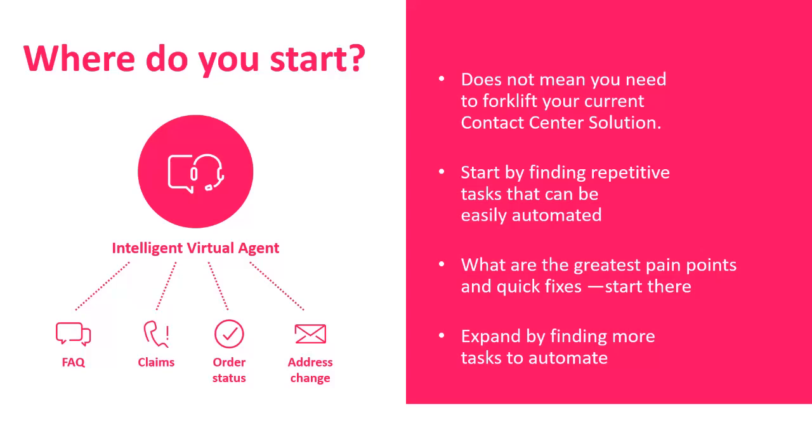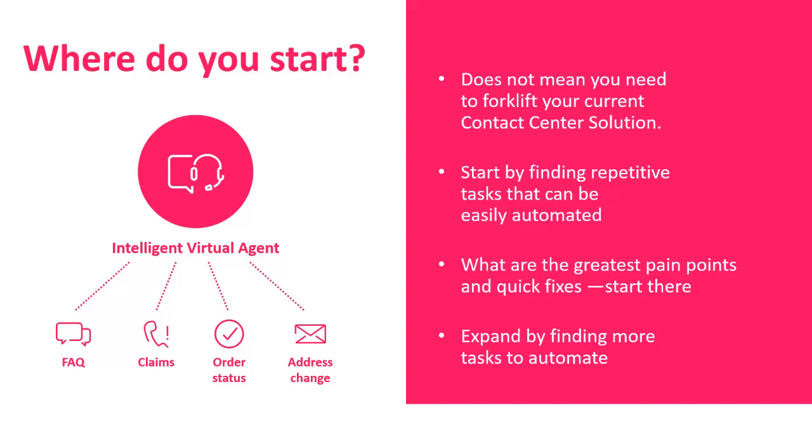Where you would look to start is by finding repetitive tasks that your contact center staff, more specifically, are dealing with today that could be easily automated. And what are some of the greatest pain points and quick fixes within your organization? That's a good place to start. Expand by finding more tasks to automate and simply add those as add-on applications within the IVA.